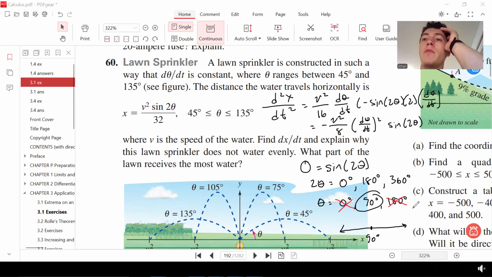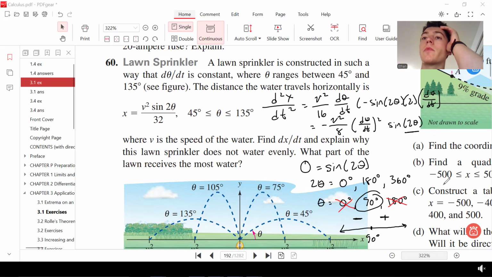So before 90 degrees, somewhere in between 45 and 90 degrees, like 75 degrees, we would have sine of 2 times 75, which is sine of 150. That'll be positive, right? So this whole term is going to be negative, and then it'll become positive after 90 degrees.